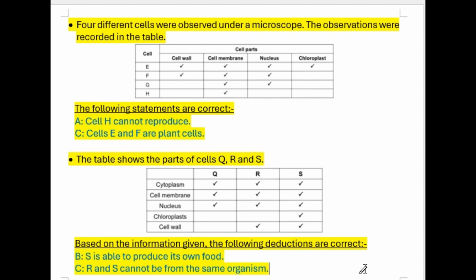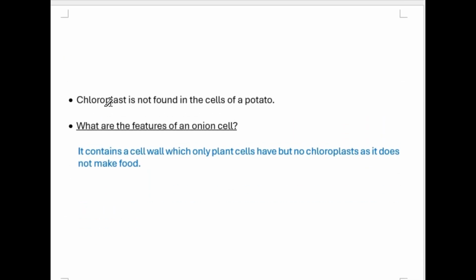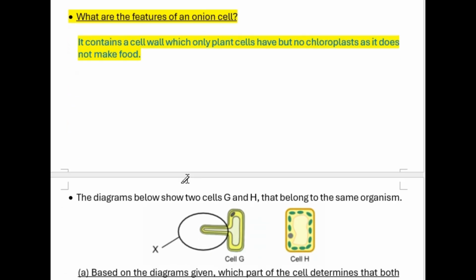C. R and S cannot be from the same organism. Chloroplast is not found in the cells of a potato. What are the features of an onion cell? It contains a cell wall, which only plant cells have, but no chloroplast, as it does not make food.